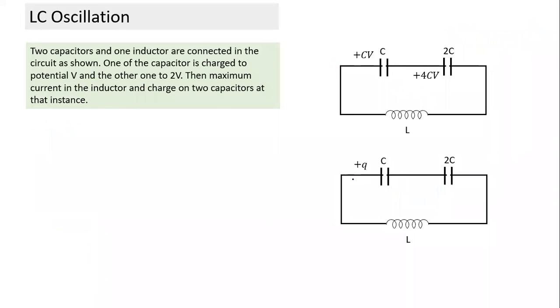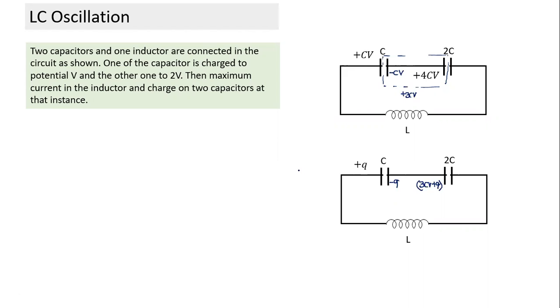Let the charge on B be Q, so this becomes minus Q. If we take this as an isolated system, the total charge on these two plates put together is minus CV, so the total charge has to remain plus 3CV. If this charge is minus Q, this is taken plus Q and minus Q, so this has to become plus 3CV plus Q.